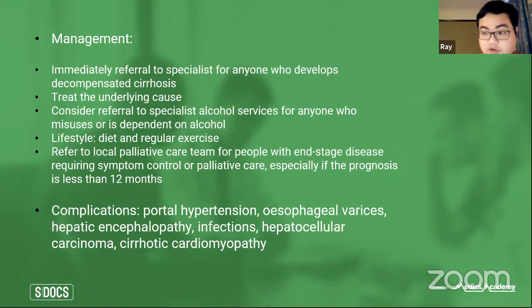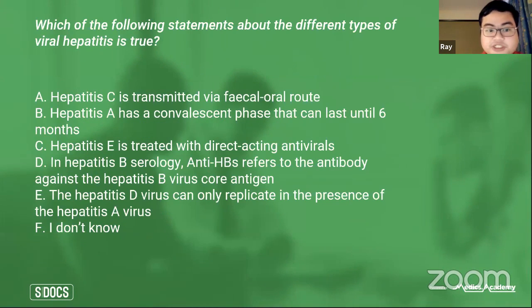And so moving on from cirrhosis to a rather large topic, which is hepatitis. So here is a question on hepatitis to start with. I'd like you to have a read and think of an answer.